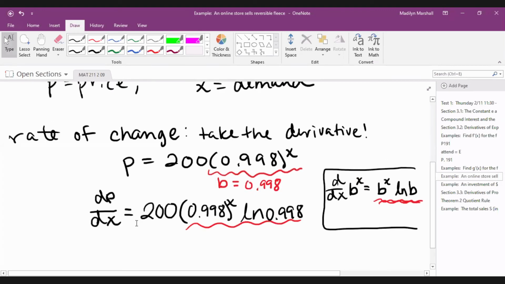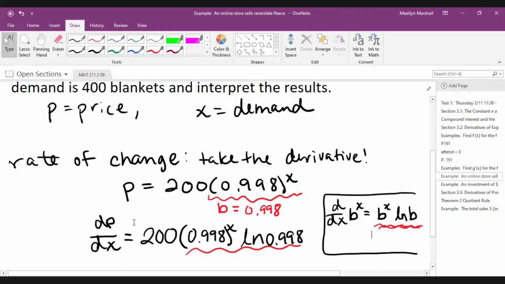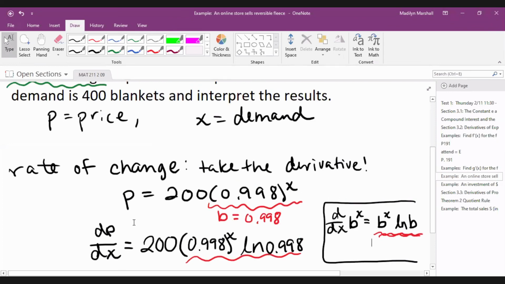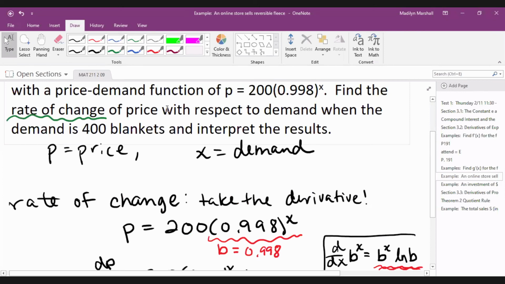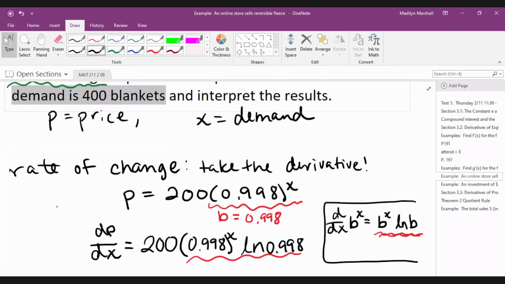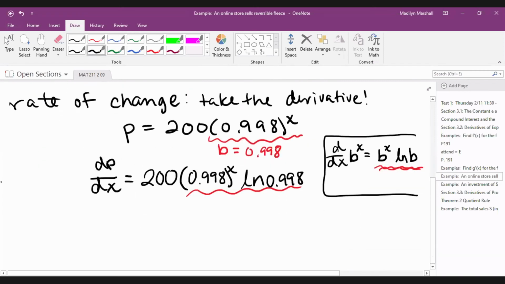So we have our derivative now, but the question specifically asked to find the rate of change of price with respect to demand when the demand is 400 blankets. So what are we going to do with that 400? Substitute x with 400. Exactly. So demand is 400.